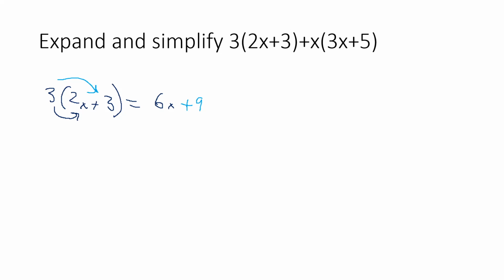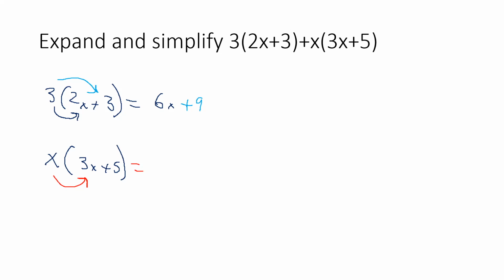Okay, what about x times 3x plus 5? So again, I'm going to do it in the same color. So x and 3x plus 5. What is x times 3x?